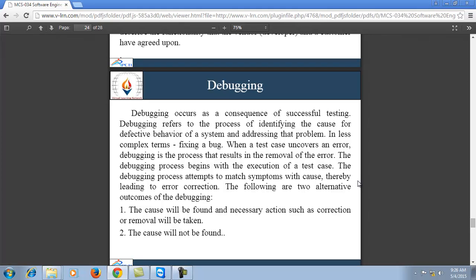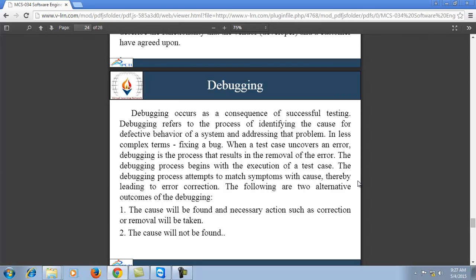Again, when we are talking about software testing, the next phase, which involves the rectification and identification of the error, is called debugging, which ensures the successful preparation of a software or system, in which we not only identify the cause, rather we take corresponding action to address that problem so that a bug can be fixed.